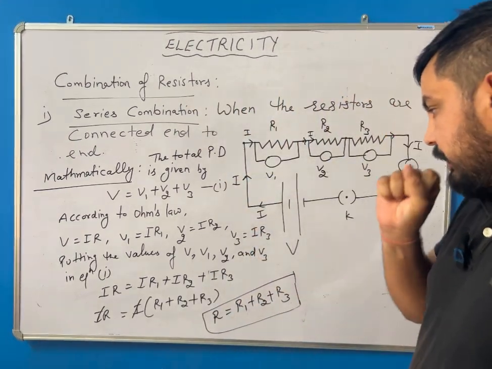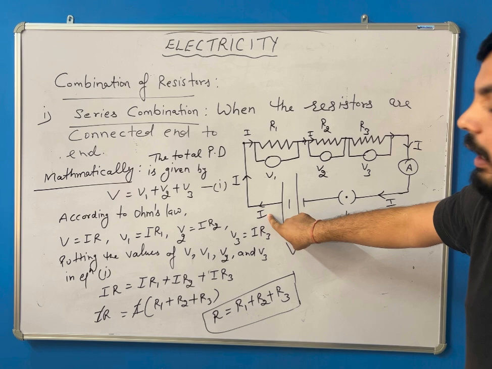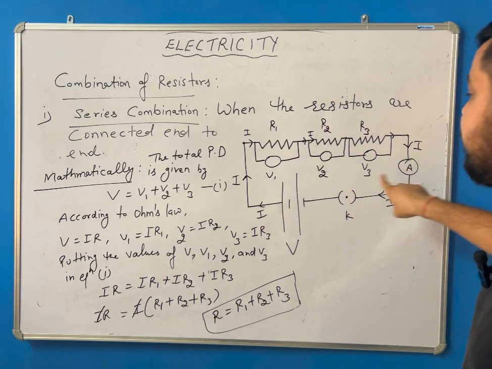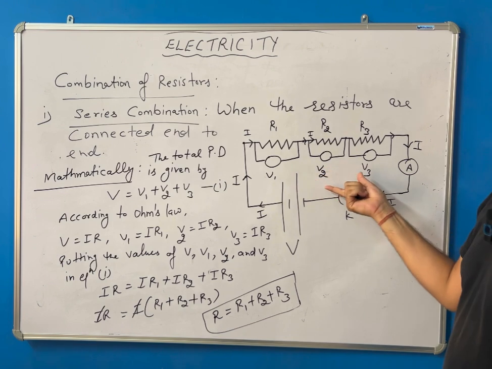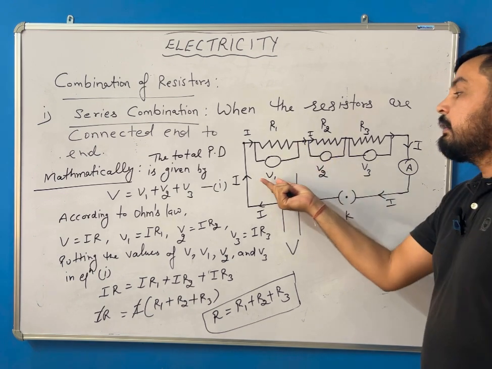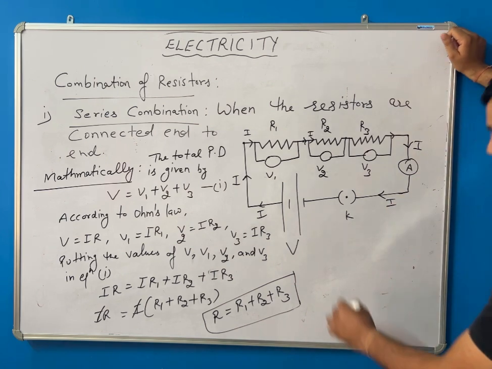One thing that we observe in series combination, as we see in the circuit diagram, is that the value of I will remain the same everywhere in the circuit, but the value of potential difference will be changed. So this is an important point.